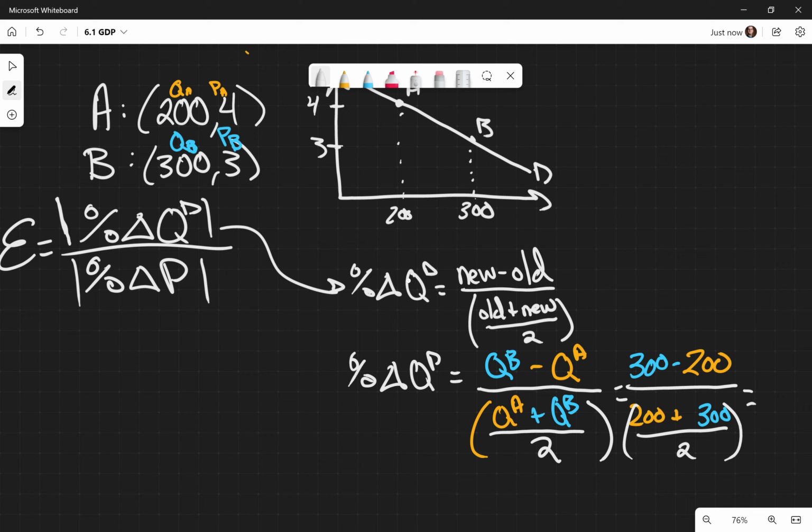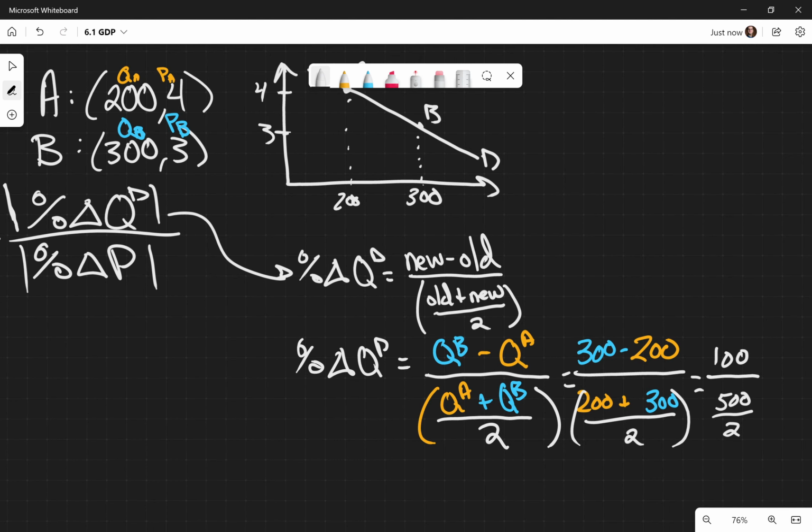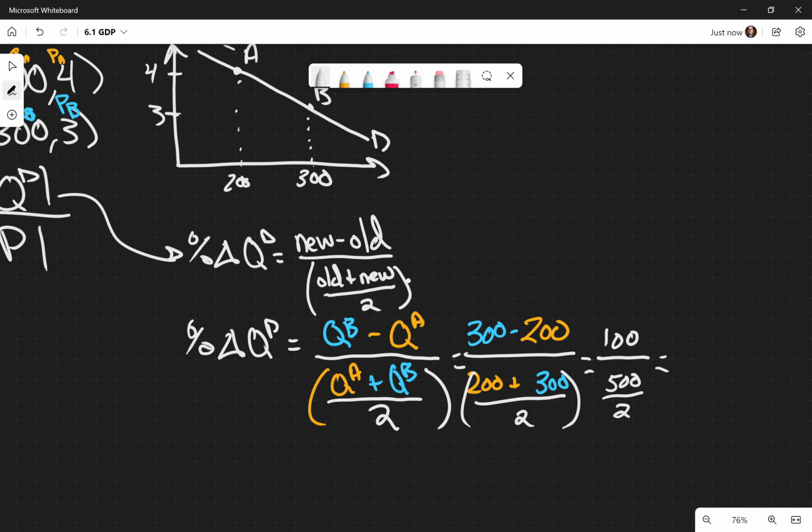So this gives us 100 on the top divided by 500 divided by 2 on the bottom, which is going to give us, so the way that we can do this is we can say 100 divided by 1 times 2 over 500, and so then that's going to equal 200 over 500.